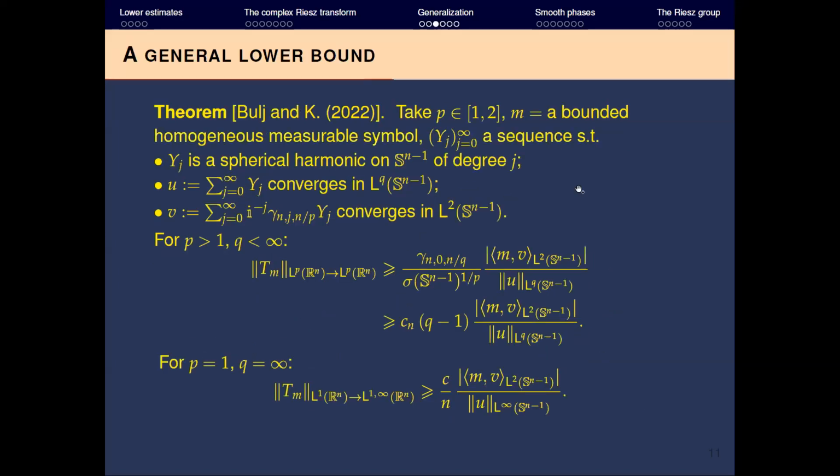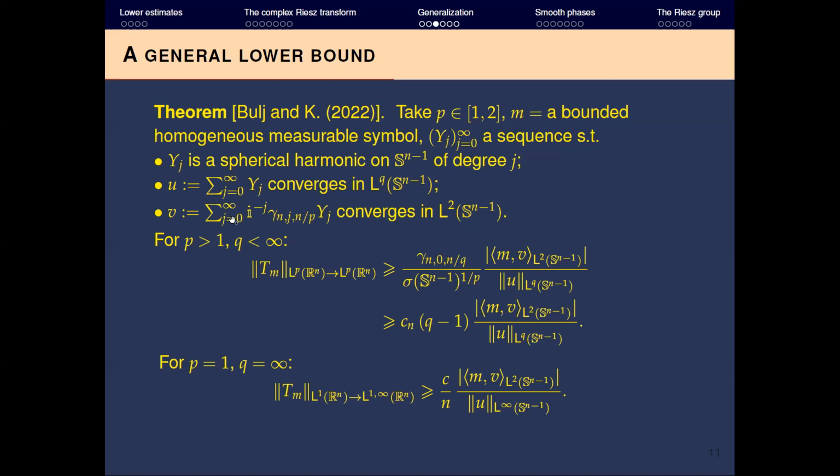Okay, so here's a general theorem that Alexander and I could do. So start with an exponent p and take a symbol m to be just any bounded homogeneous measurable function. So you don't need much. And take a sequence Y_j so that each Y_j is a spherical harmonic of degree j.